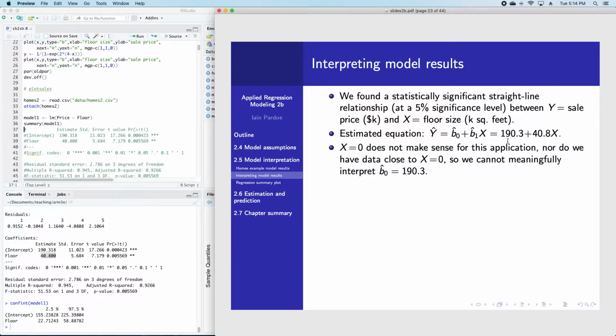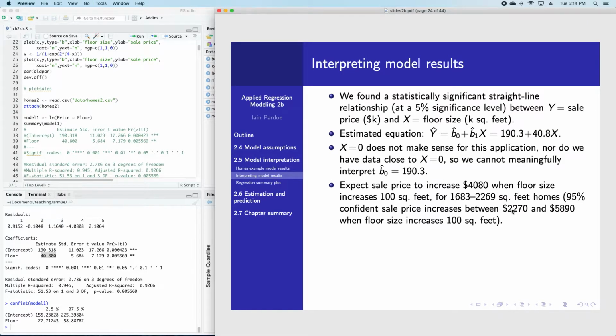And neither of those things are true in this case, so we cannot meaningfully interpret the y-intercept in this case. The 40.8 though, that does have meaning, and it's the slope, so it's rise over run, so it's the expected change in sale price when floor size increases by 1 unit.